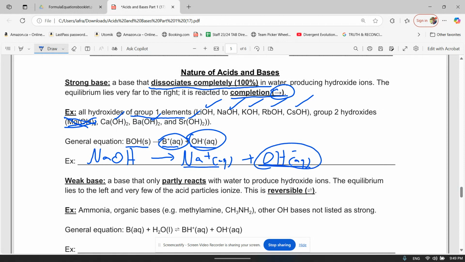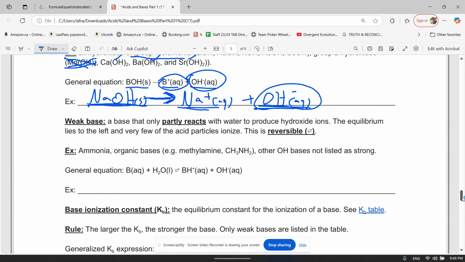Now, you could write this as a solubility equilibrium, where this is a solid, you throw it in the water, and then it becomes Na plus and OH minus, but we probably wouldn't put the double arrow here because it's a strong base. So if you write it as a solubility equilibrium, you do have to remember that it is a strong base, and if we're talking about it in terms of strong base, we're just going to put a one-way arrow there. Okay, so if you're saying strong base and you're showing dissociation based on strong base, just put that one-way arrow to show that it's 100% dissociation happening for strong bases specifically.